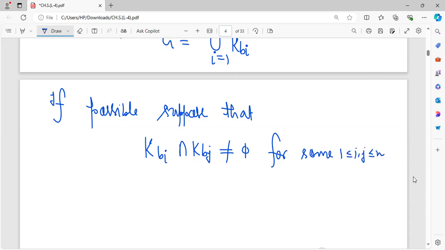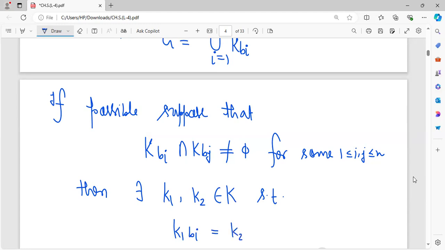Then there exists K1 belongs to K, K2 belongs to K, such that K1 B_i is equal to K2 B_j.